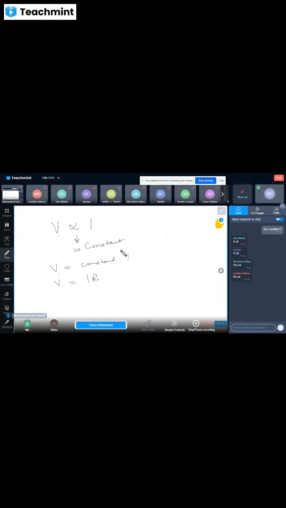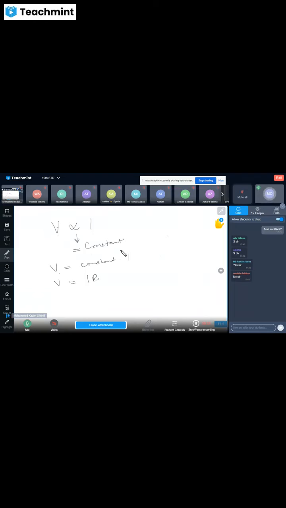If I replace this proportionality sign with an equal sign, I have to insert a constant. This constant does not change all the time, only from material to material. It is nothing but the resistance of the conductor. So voltage V is equal to I into R.